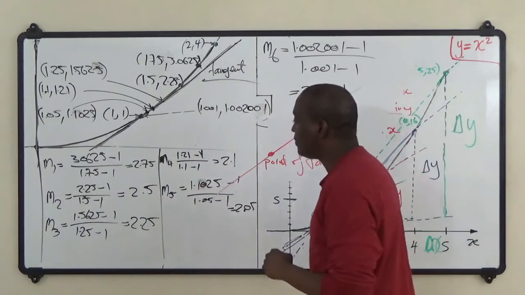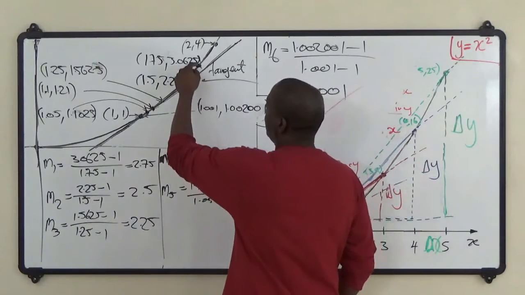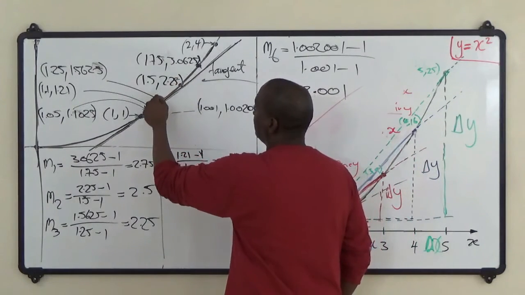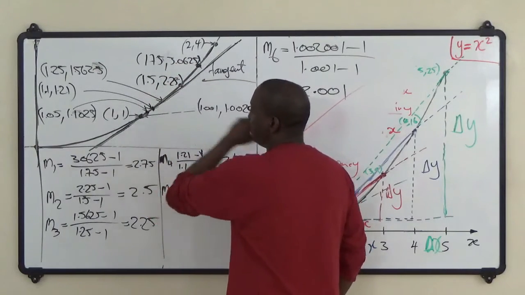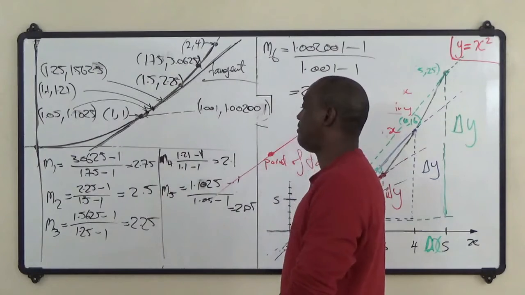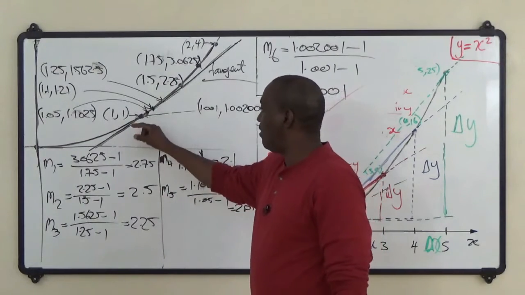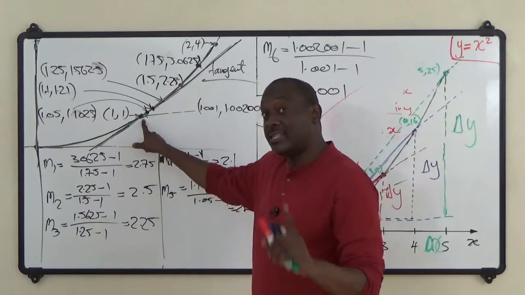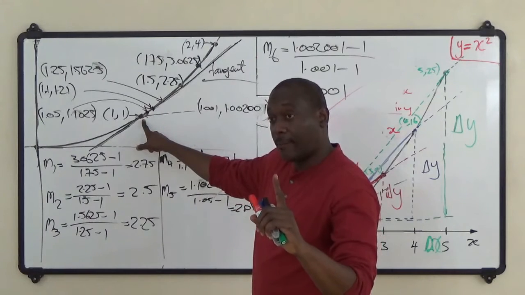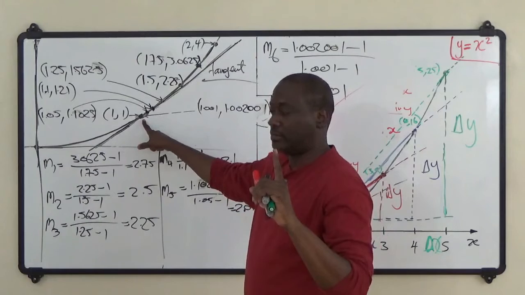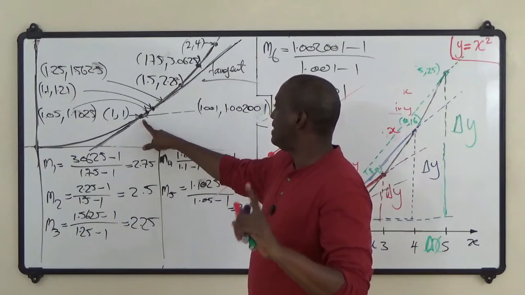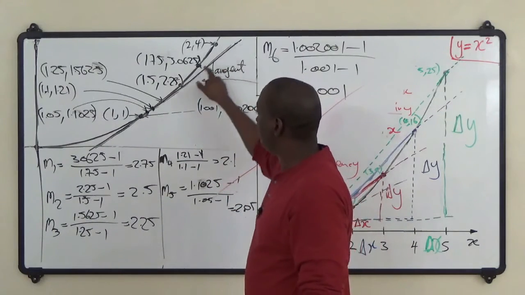And just as we saw that as we shorten the line segment, the line actually approaches this tangent here. It means therefore that the gradient of the line segment whose length is 0, that is to say, the gradient at a point, is equal to the gradient of the tangent.